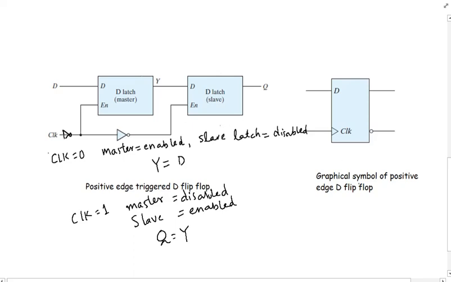The graphical symbol of a positive edge D flip-flop is shown here. There is only one difference from the negative edge D flip-flop, that there is no bubble at the input here.